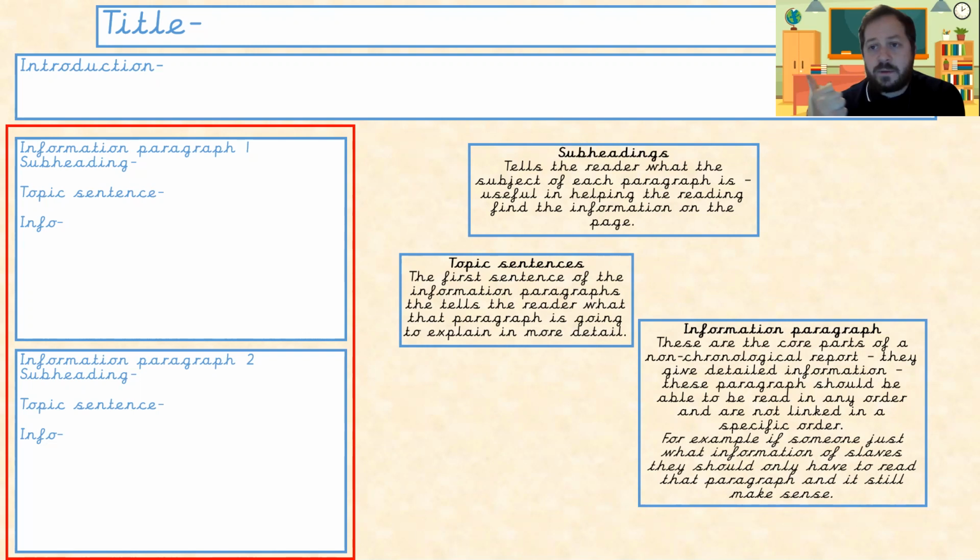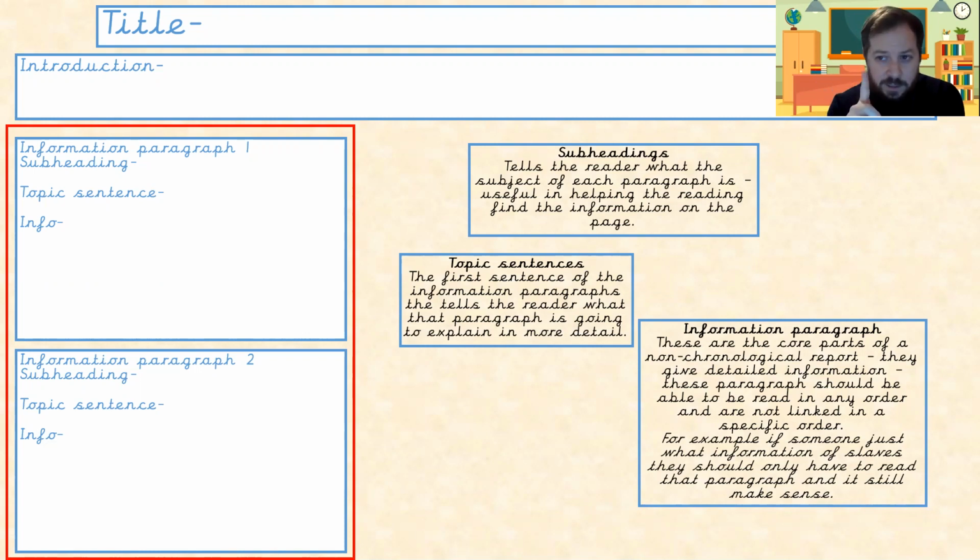You could have one about their weapons and how they fought, one about their jewelry and what they wore. You could have one about their long ships and one about where they came from. And you can quite easily fit 4 different paragraphs into it and make them relatively generic, which means that they're not hugely specific on a particular part.